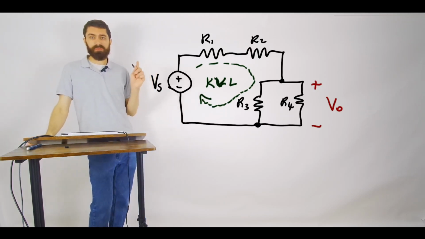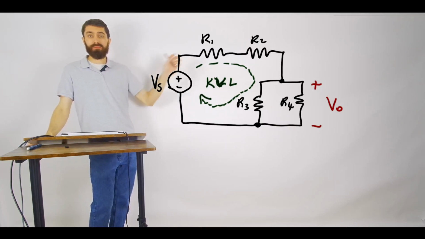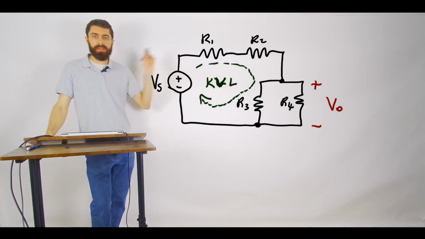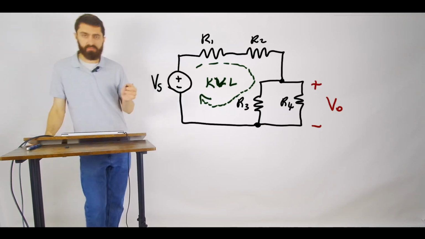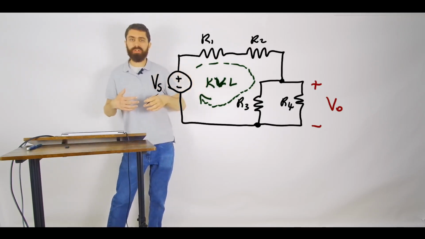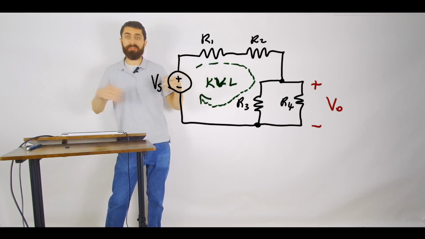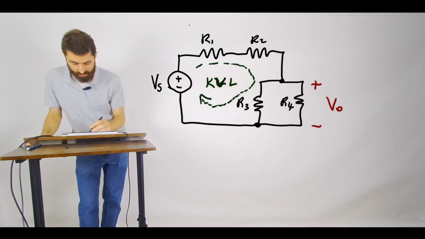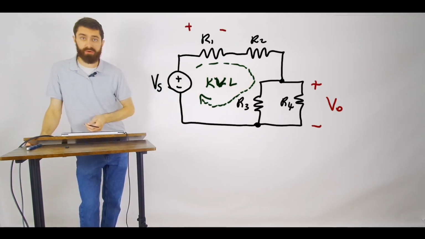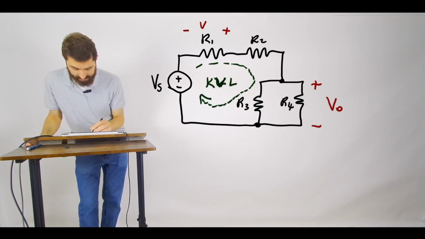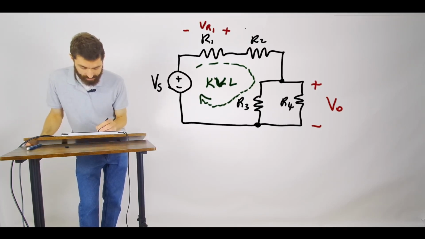So the question then comes, how do I know the polarity of each voltage that I encounter? The cool thing is that I can assign whatever polarity I want to the voltages in the resistor, and as long as I'm consistent in my equation, all the math will work out to where you arrive at the same answer for V0 in the end. Last time we put plus here and minus there. I'm going to flip it this time, and we'll do minus plus VR1, and then minus plus VR2.